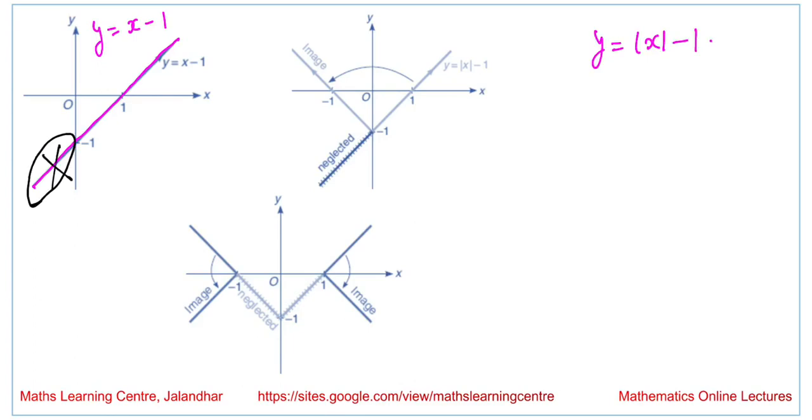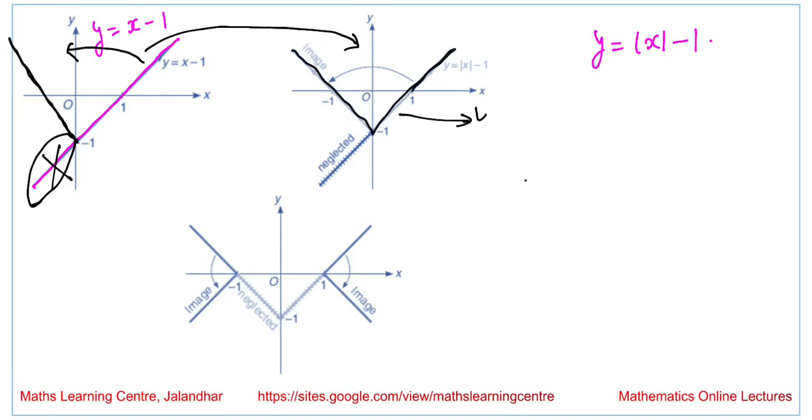We have to discard this portion and reflect the remaining portion on this side. When we reflect, we obtain the graph in this form. This is the graph for y is equal to mod of x minus 1.